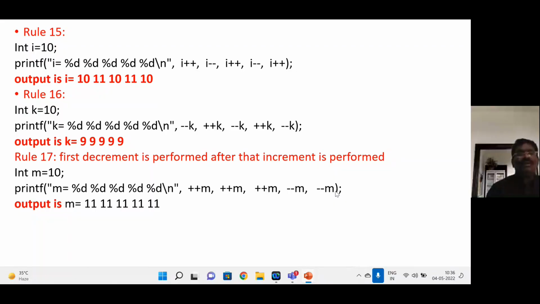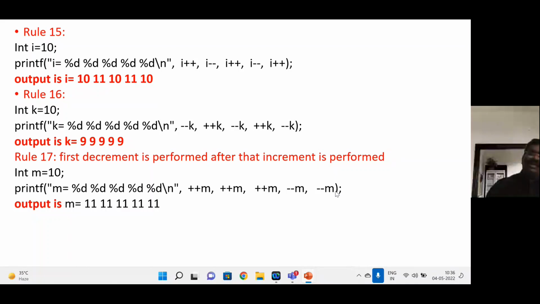Our 18th rule: first increment is performed and decrement is next. For example, the same thing, but I interchanged the 17th rule and 18th rule. So first I use the pre-decrement values, next pre-increment.